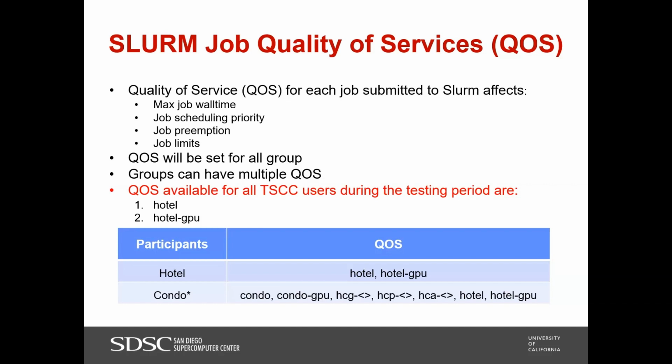For example, HCG is the QoS for your group to use the gold nodes, and the full name of that QoS is HCG dash, then your project name or your allocation name. It is similar for the Platinum nodes, and similar for the GPU nodes, which is HCA. And of course, condo users can also use the hotel and hotel GPU QoS.